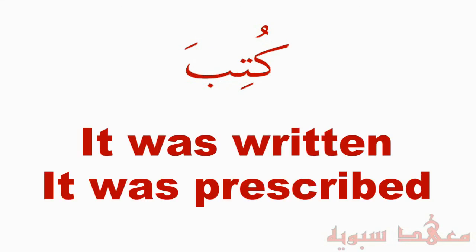Then we have the ta with a kasra, which will be ti. And then the ba with a fatha would be ba. So ku, ti, ba. Kutiba. Kutiba means it was written or it was prescribed.